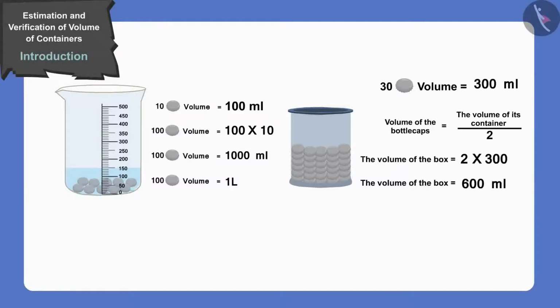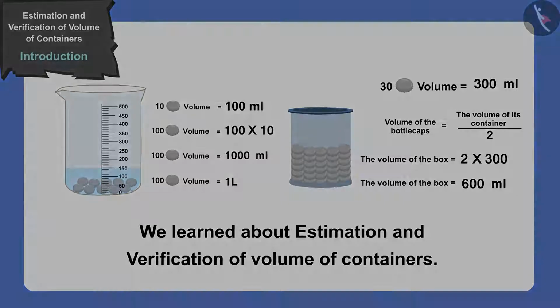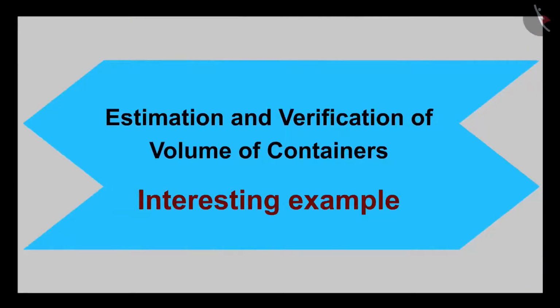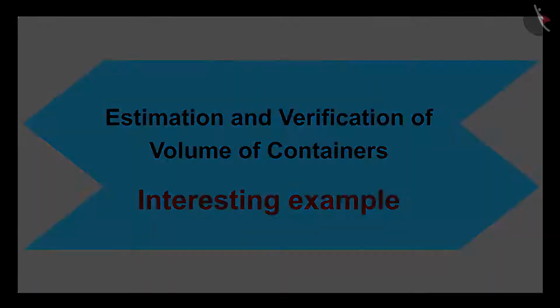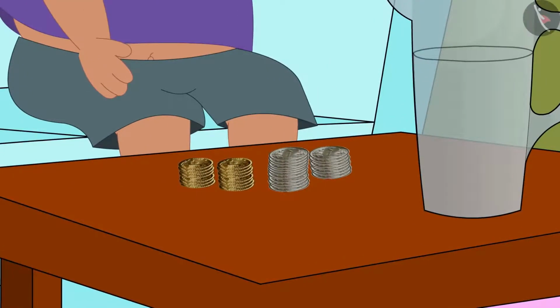Hello kids! In the last video, we learned about estimation and verification of volume of containers. In this video, we will learn more about it by some interesting examples. Raju and Bablu are collecting coins.